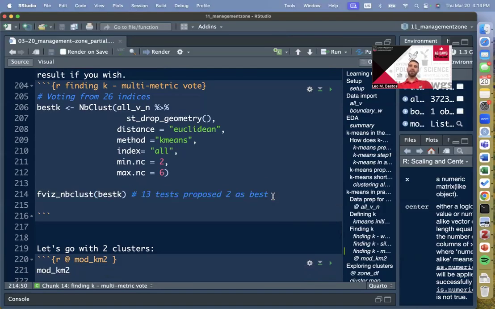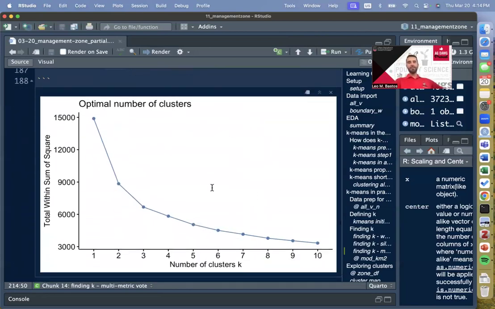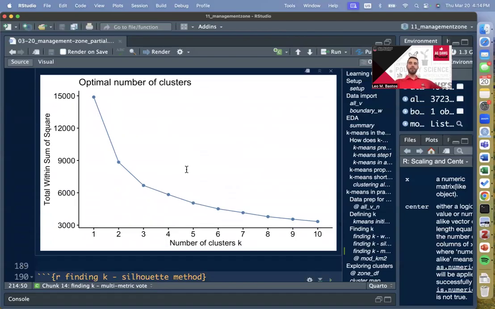If you are doing something like this in a paper where you have to explain what you're doing in every single step in your methods, you can say that you used this function from this package, which runs 26 indices, and that you chose whatever number of K because that was the majority vote across 26 indices. It's a little bit more objective. Imagine if we look at the elbow method, the within sum of the squares, maybe you would have said, let's go with 3, or maybe let's go with 4.